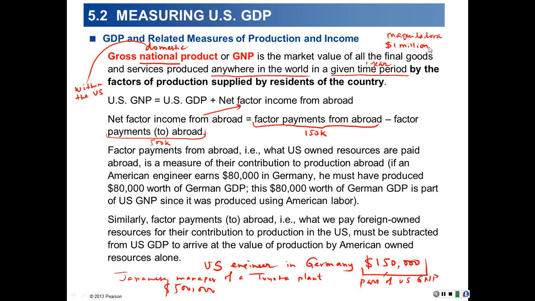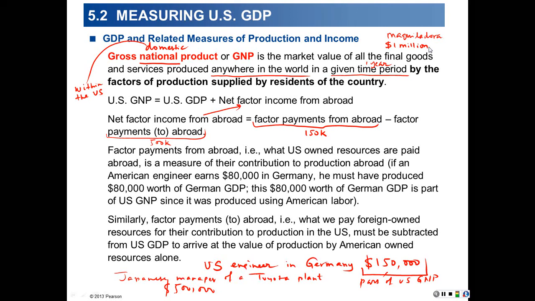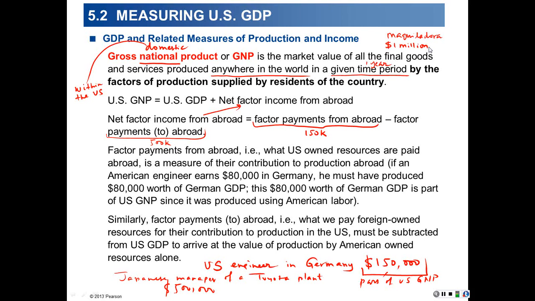My question to you is, are all the resources in that maquiladora American resources? Now, didn't I mention that the reason the maquiladora located in Mexico is to take advantage of Mexican labor? So Mexican labor is involved in that process. And Mexican labor is Mexican resource. So this 1 million, does all of it belong to US GNP?